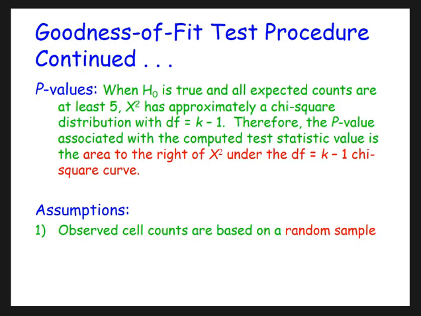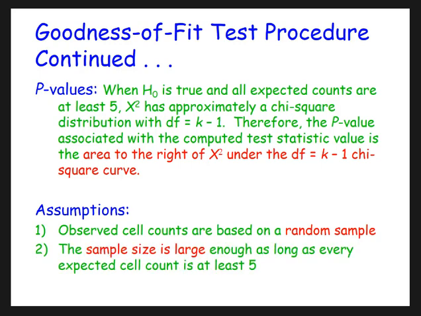So taking that bag, that would be a random sample as long as it's chosen at random and no system is involved. And the sample size is large enough that we can reasonably expect each cell to have a count of at least 5. If we get counts in those cells of less than 5, then it's not really a valid test.